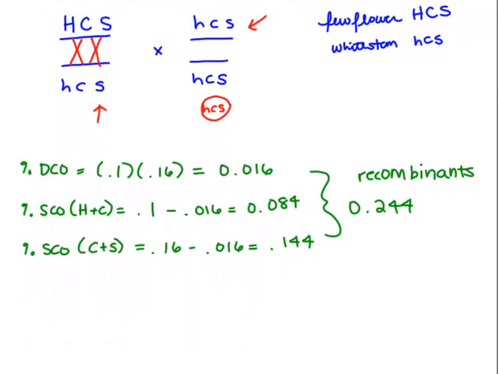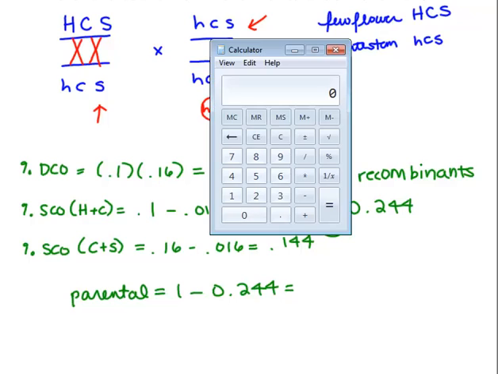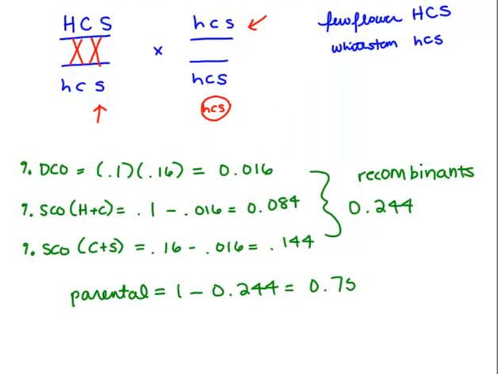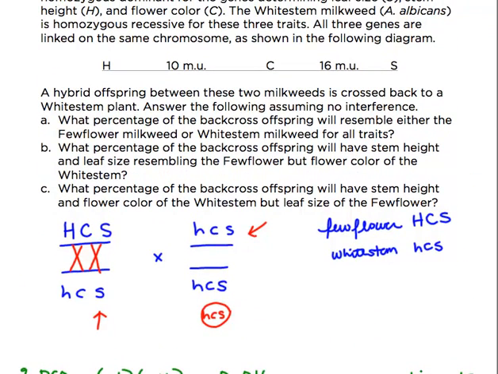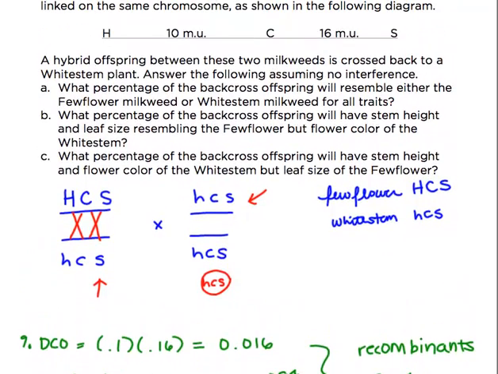So to find parental, all you have to do is 1 minus 0.244, which equals 0.756. And in a percentage form, you just times that by 100%, and you get 75.6%. And that is the percentage of the offspring that will resemble either the few flower milkweed or the white stem milkweed. So 75.6%.